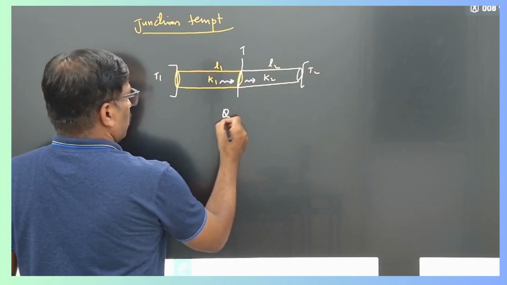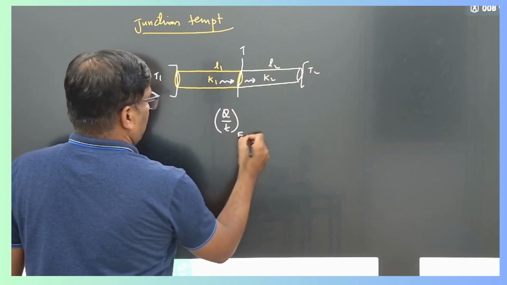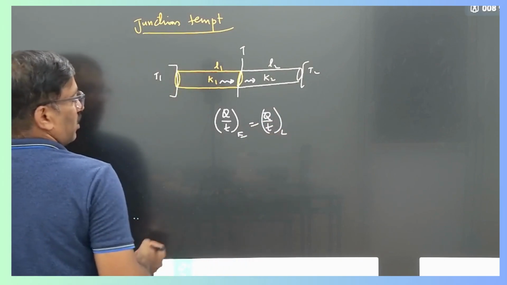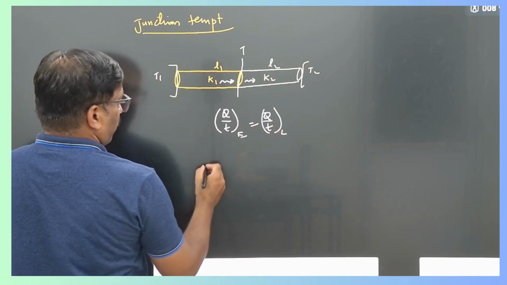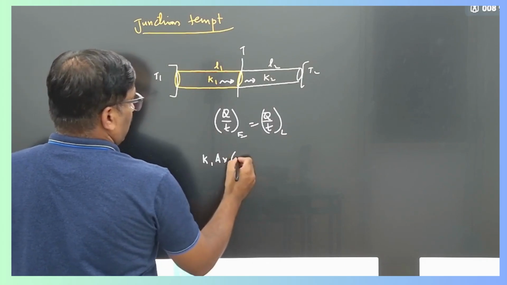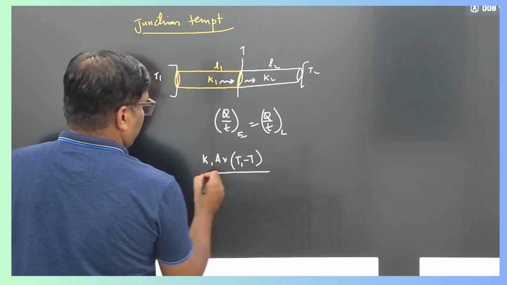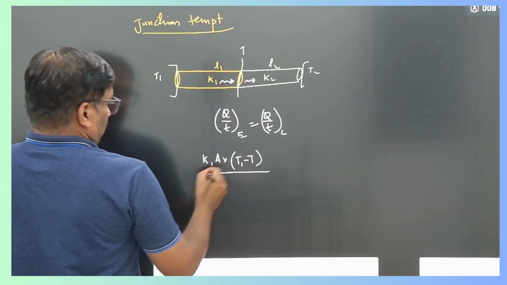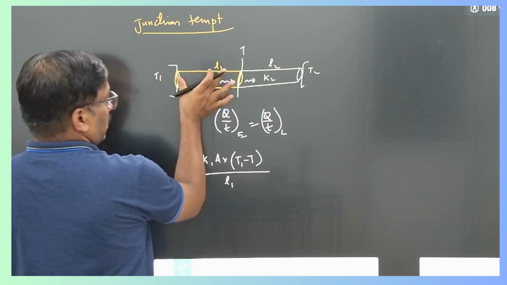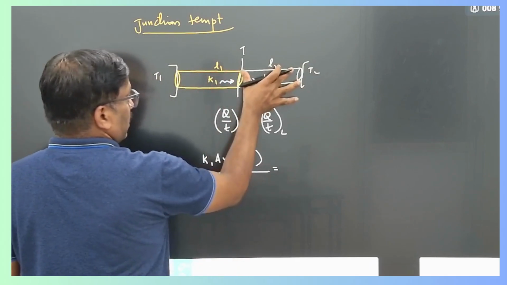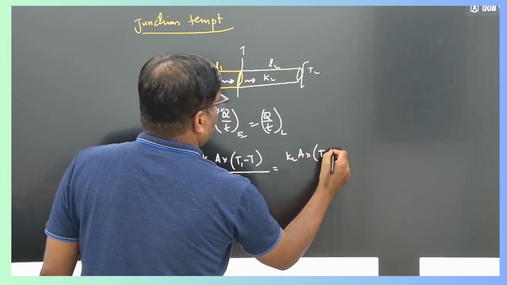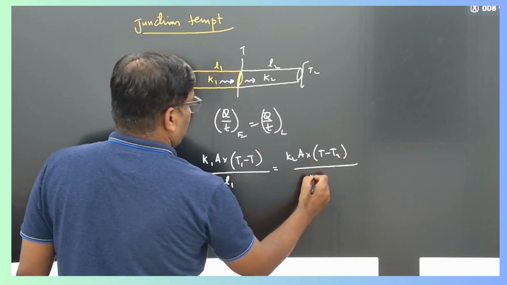So how do we write it? Exactly the same way. Q by t which is entering will be equal to Q by t which is leaving. Q by t is K1 into A into T1 minus T divided by L1, where L1 is the length of this rod, equals K2 into A into T minus T2 divided by L2.